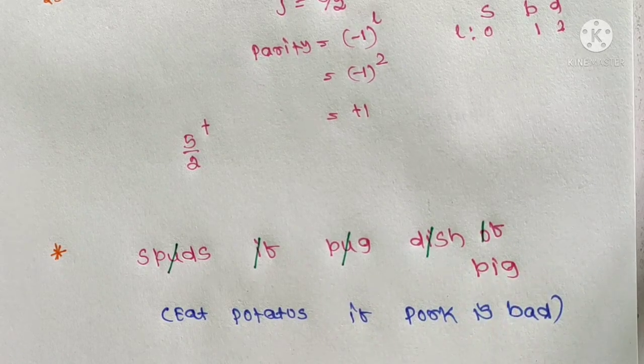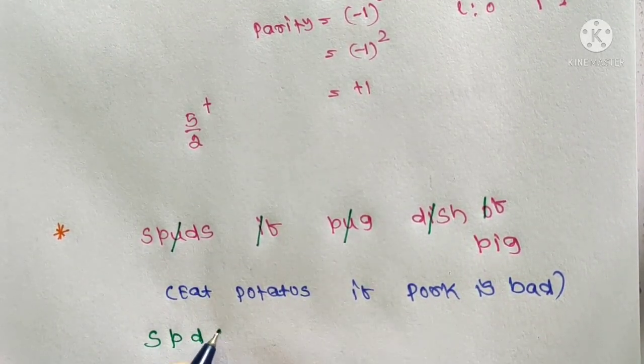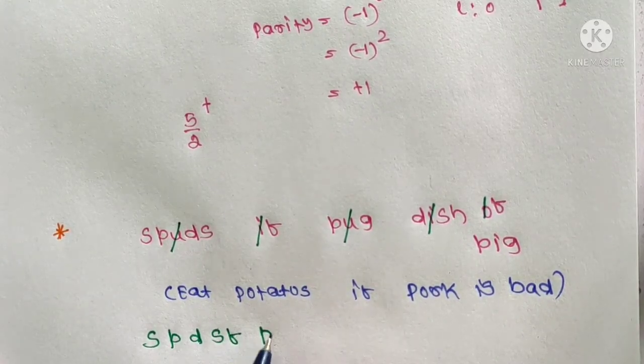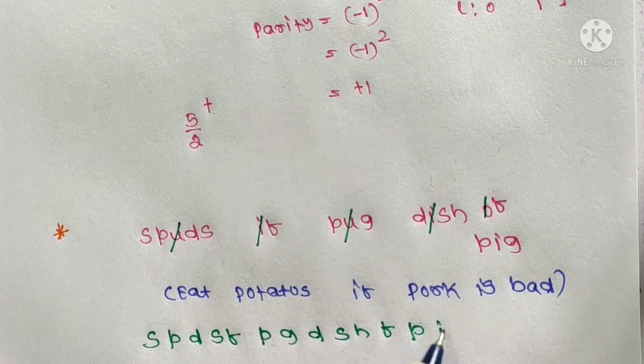So now your formula is sp ds f p g d s h f p i g.